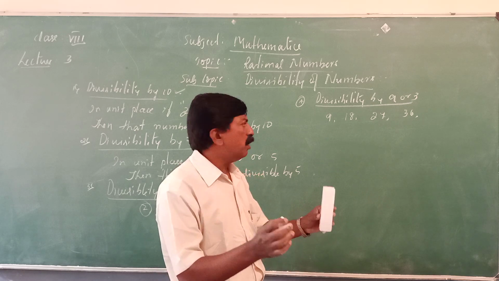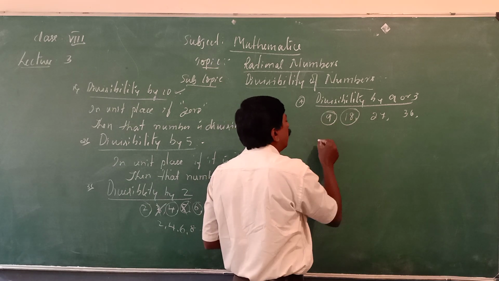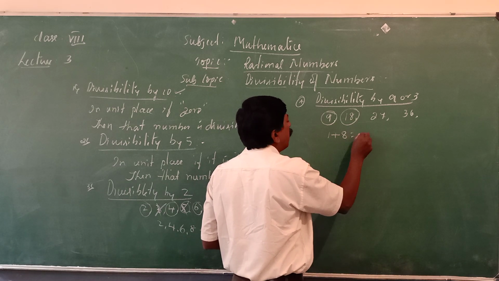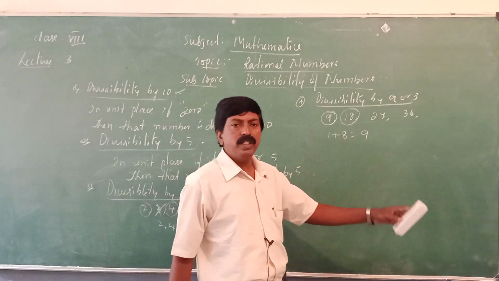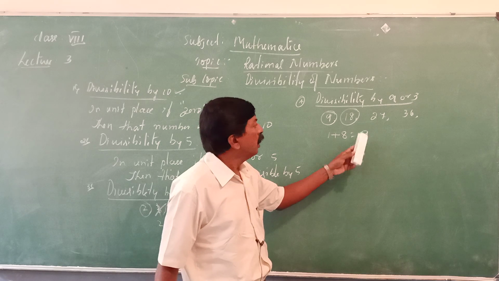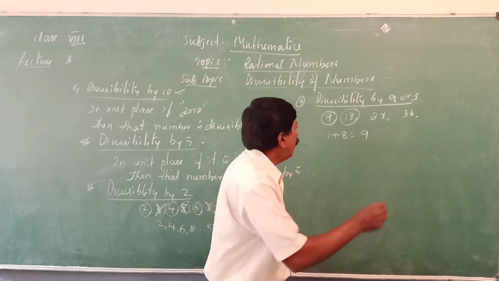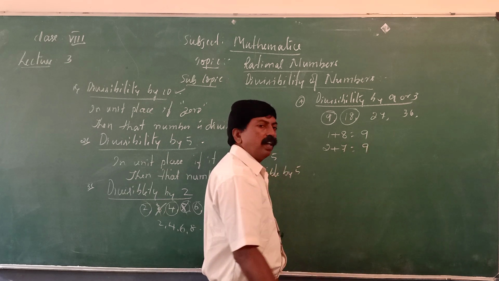Let us think about these numbers. Take the 2-digit number 18. 1 plus 8 will become how much? 9. We have added the digits of the number. 9 is divisible by 9, and 9 is divisible by 3. Let us take the next number: 2 plus 7 is 9.